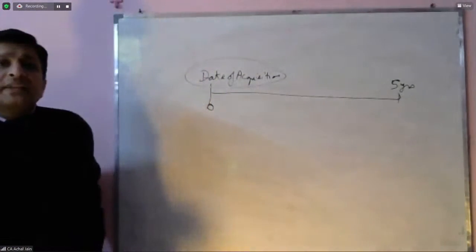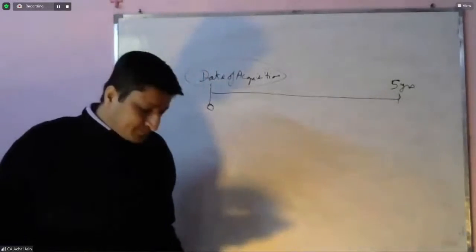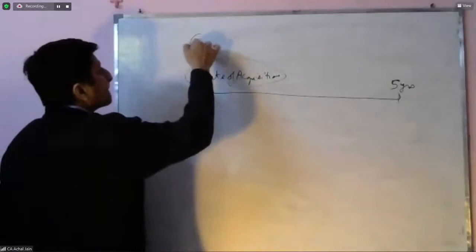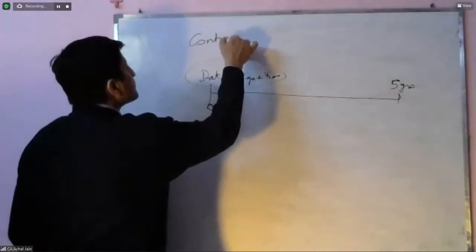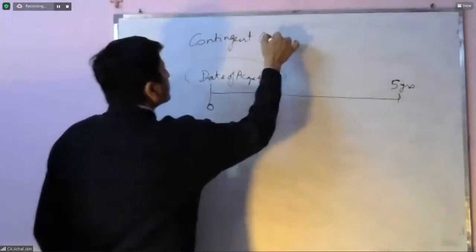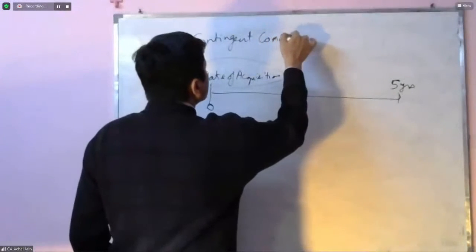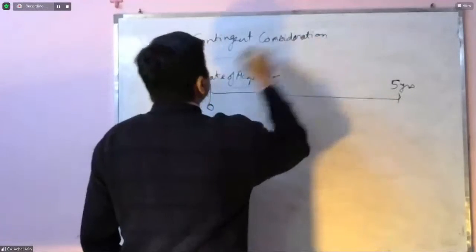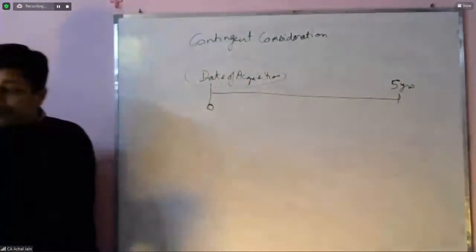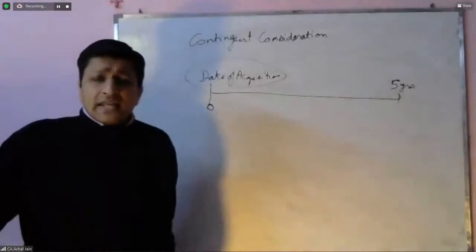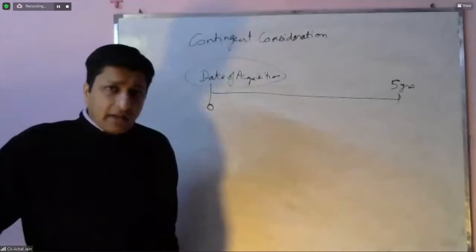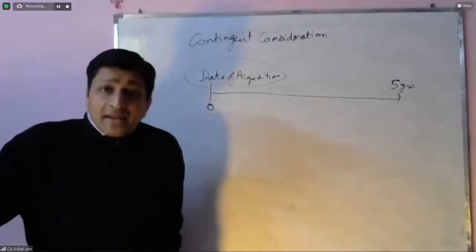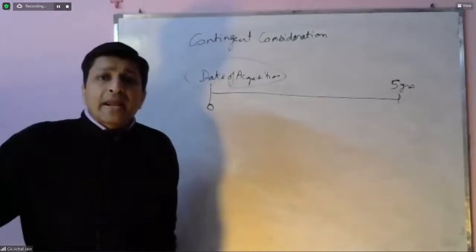So let's understand the meaning of contingent consideration. So what do we mean by this? Many a times in a deal, meaning transactions like this, the buyer agrees to pay a price to the seller.